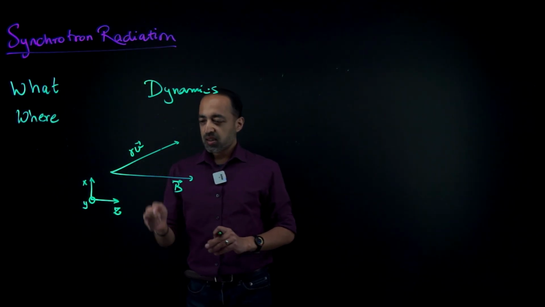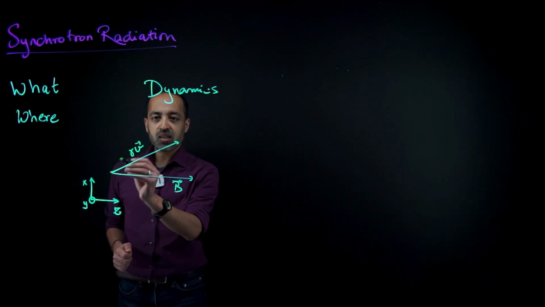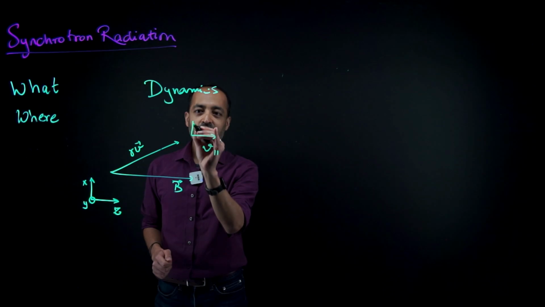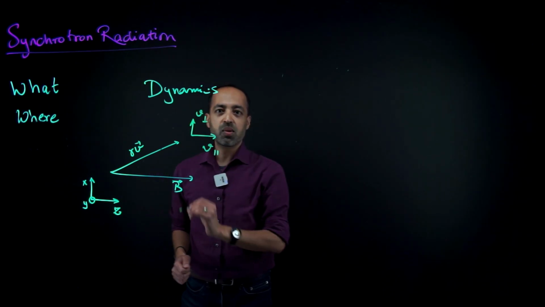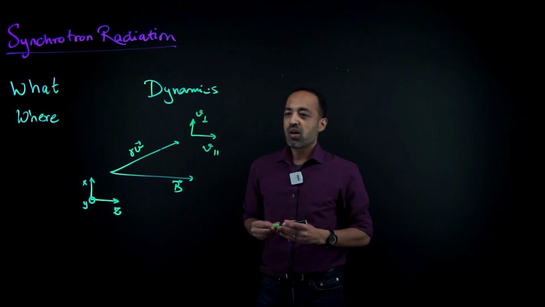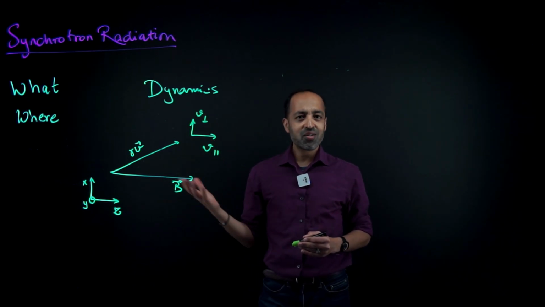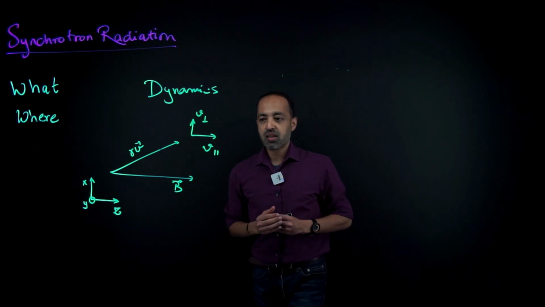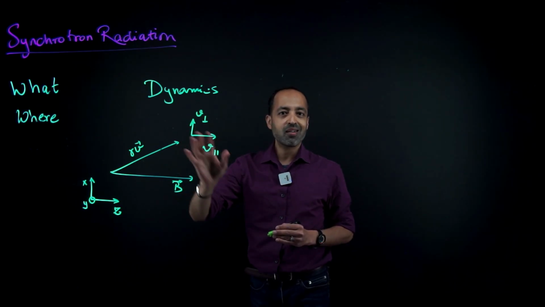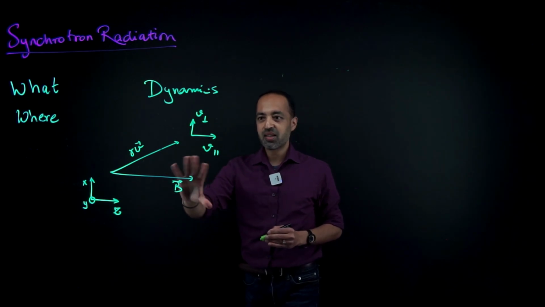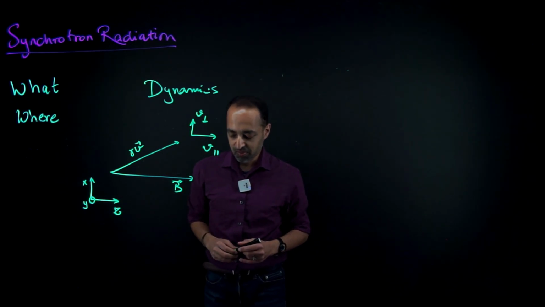Now we're going to take this velocity vector and decompose it into the components parallel to the magnetic field, that's v parallel, and perpendicular to the magnetic field, which is v perpendicular. Again, remember that parallel and perpendicular is with respect to the magnetic field. In other cases, for instance, if you looked at thermal Bremsstrahlung, the conventions there are with respect to some other directions, so be careful as to what parallel versus perpendicular means.